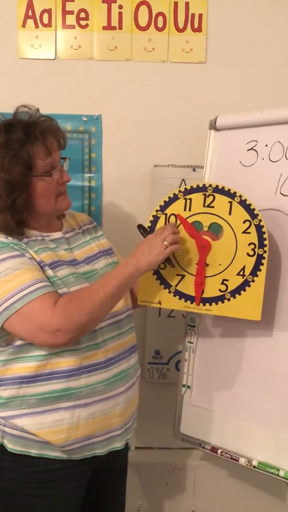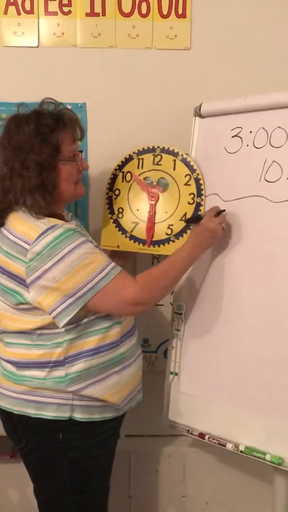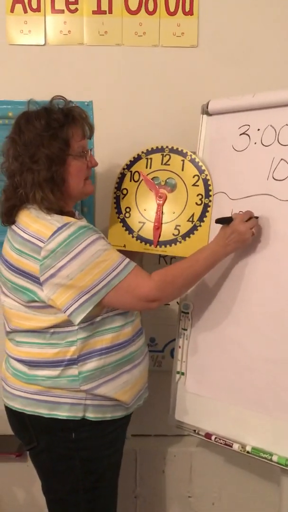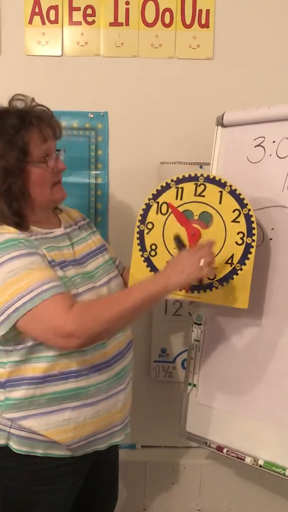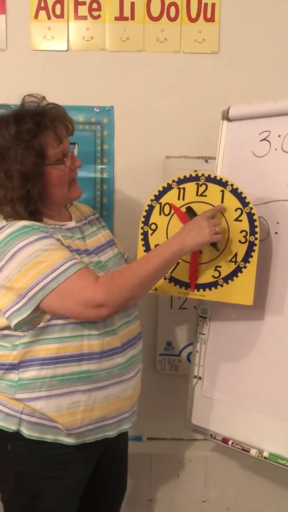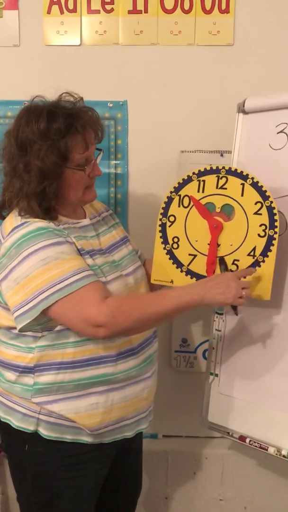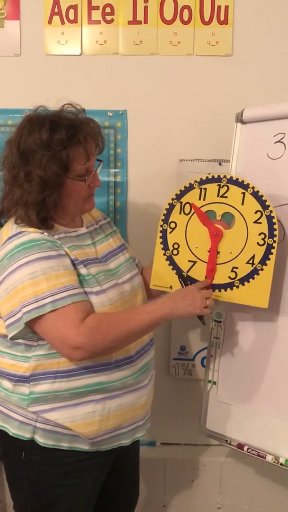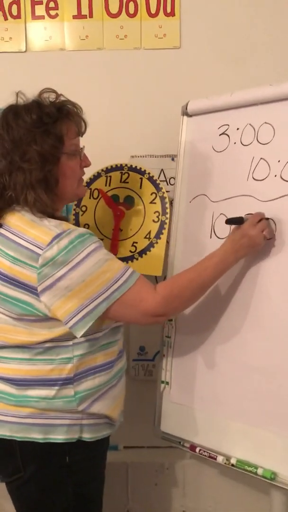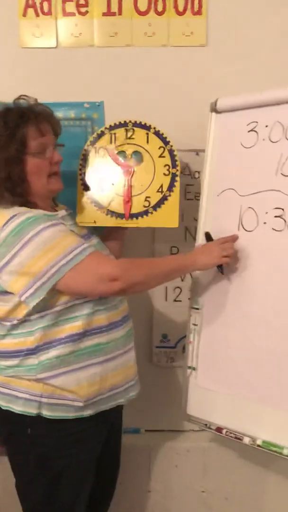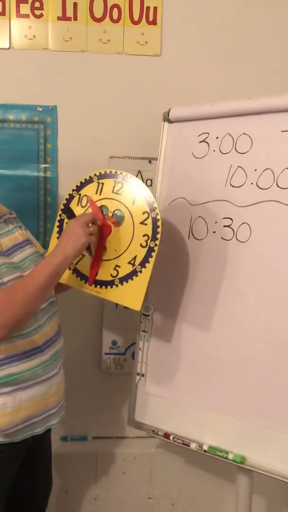So now the time is 10 because it's not to the 11 yet. 10:30 because we just counted by fives. We write the hour hand first, then the colon, then 30.